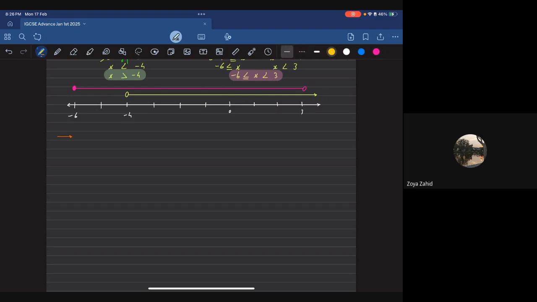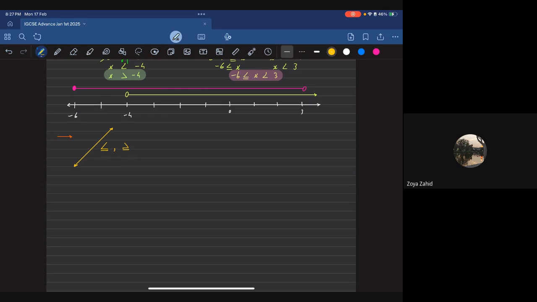Okay. One more thing. If a line is solid like this, that means it is greater than or equal to, or less than or equal to, depending on whichever inequality we use. But one thing is for certain, that the equals to will be there.